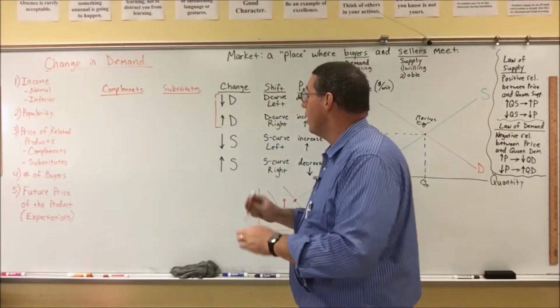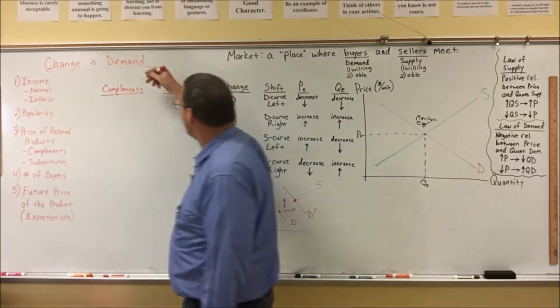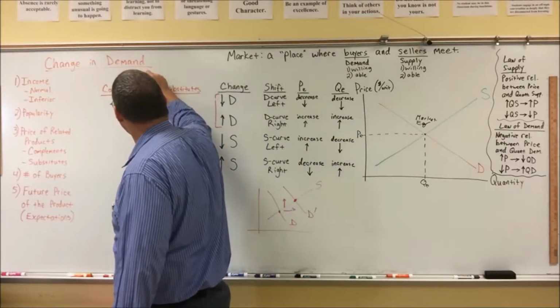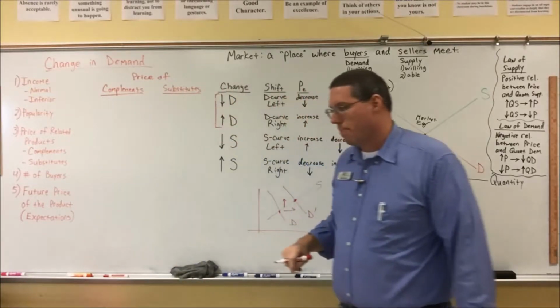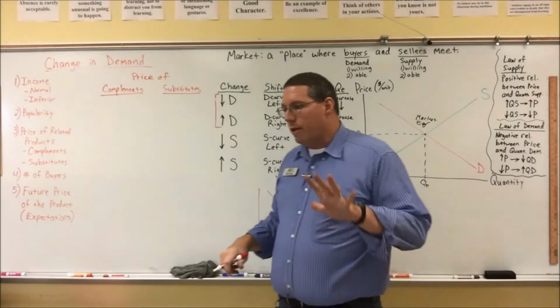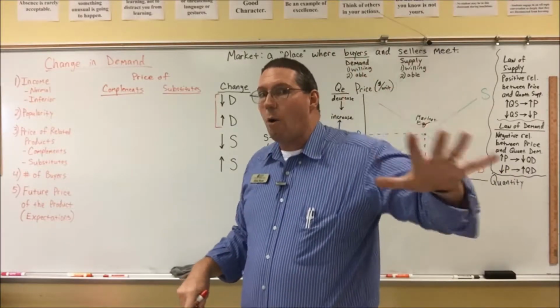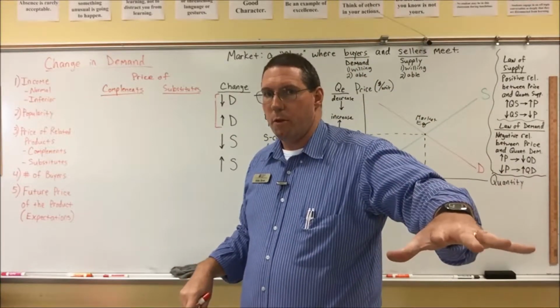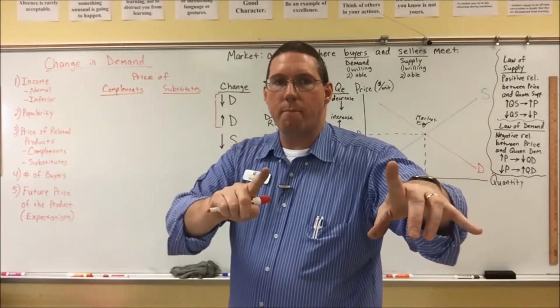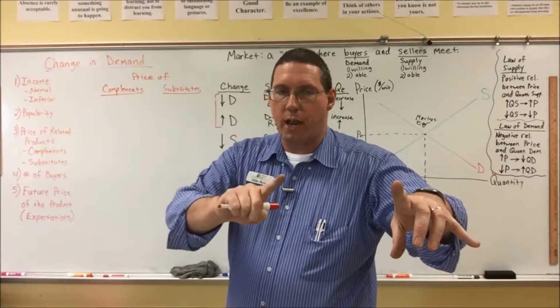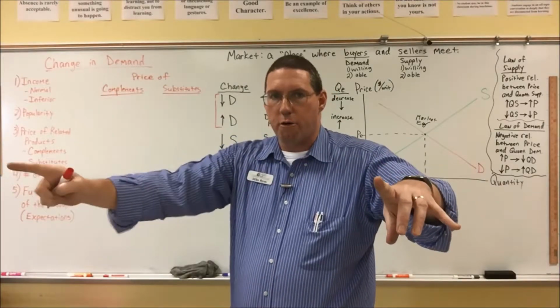Okay, so here's the deal. What we're really dealing with is the prices of complements or substitutes. And so what we're doing is we're thinking of our product market. What's happening in our product market when there's a price change in the other market?